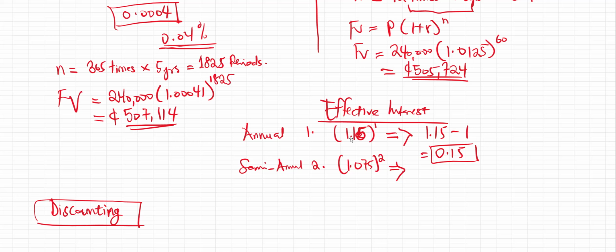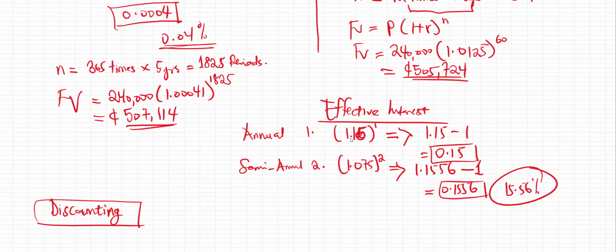You are going to get 1.1556. If you take out the 1 from it, the effective interest rate is 0.1556. That is why it gave a higher return. That's 15.56%. So compound only the multiplier and take out 1 from it. It gives you the effective interest rate.